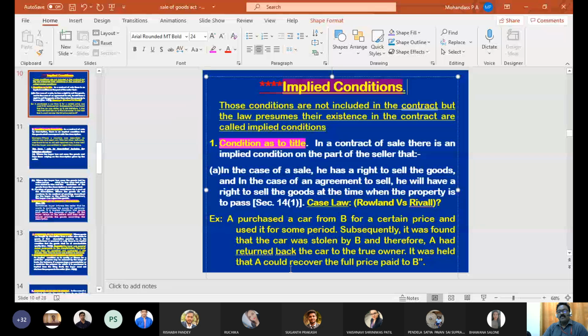It was held that A could recover the full money from B. That means once I have sold a car to Tejas and subsequently the police have come and seized the car from him, he can definitely recover the money from MD because it is a violation of implied condition. A breach of condition means he can definitely seek the money. Even if it is a breach of implied condition, he can recover the money from me. That is called implied condition.